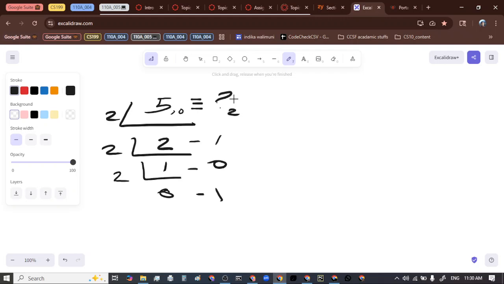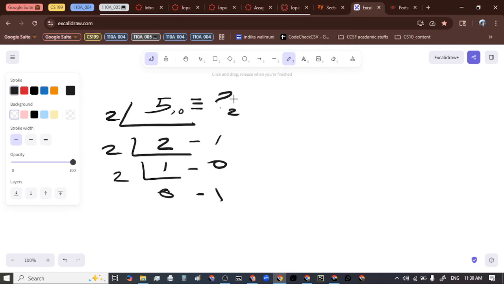Now it's good to identify the pattern. I am dividing by what? 2. And 2 is what here? The base I want, right? If you want base 2, binary, you start dividing by 2. If you want base 8, you start dividing by 8.